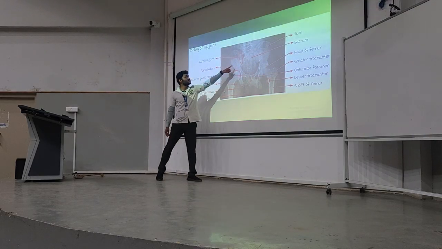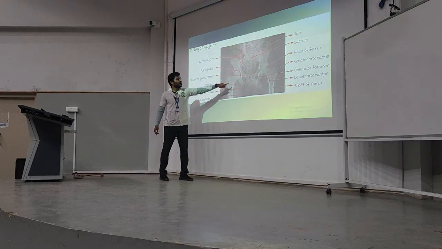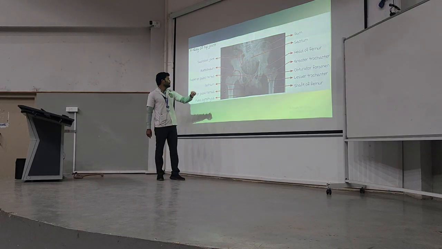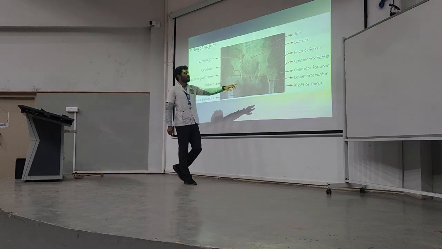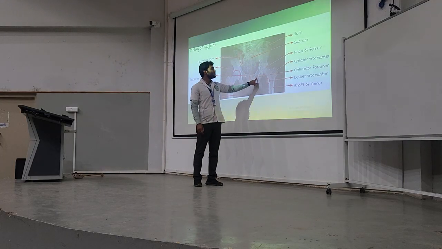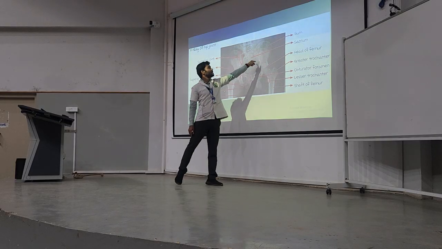That is the sacroiliac joint, acetabulum, superior pubic ramus, ischium, inferior pubic ramus, pubic symphysis, shaft of the femur, lesser trochanter, obturator foramen, greater trochanter, head of the femur, sacrum and ilium.